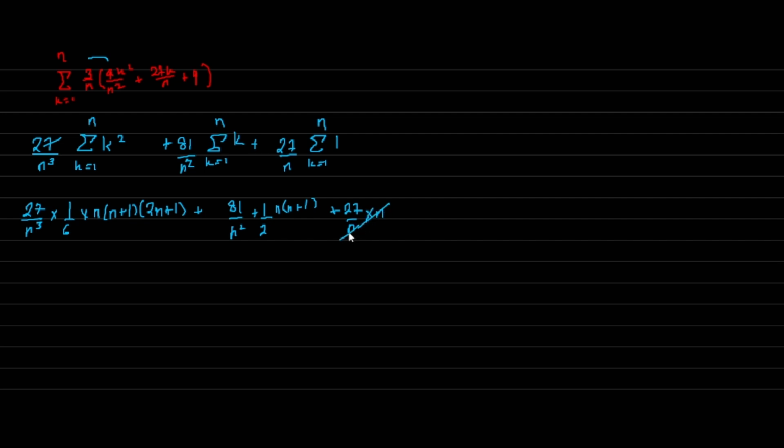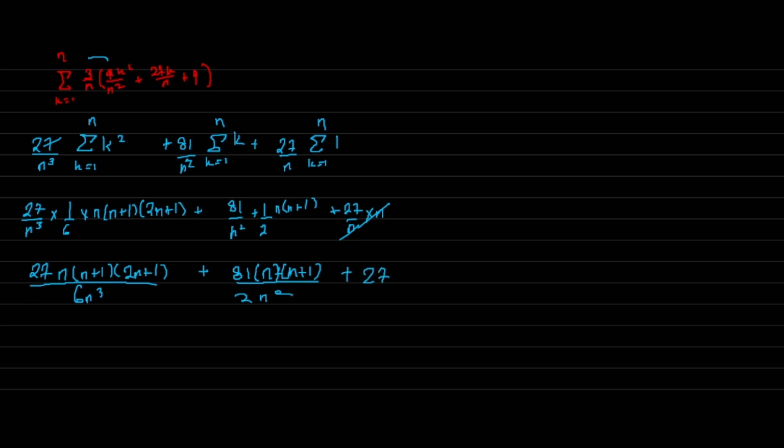So these two cancel. What I'm left with is 27 n into n plus 1 into 2n plus 1 over 6n cubed plus 81 into n plus 1 over 2n squared plus 27.